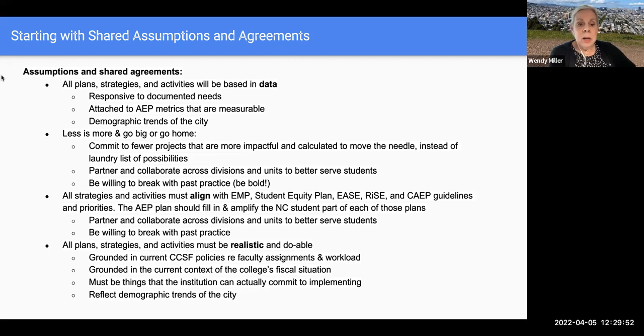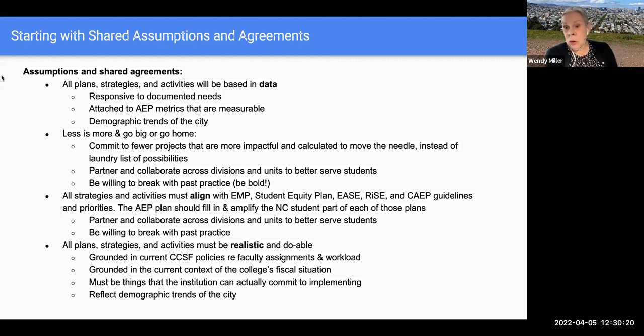practice. The next thing is that all the strategies and activities that we come up with to put in this plan must align with our educational master plan, our student equity plan, our equal access to student services plan, our RISE, which is reimagining the student experience. That's our guided pathways plan, CAEP guidelines.